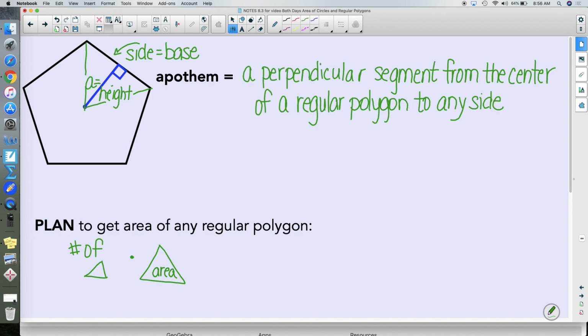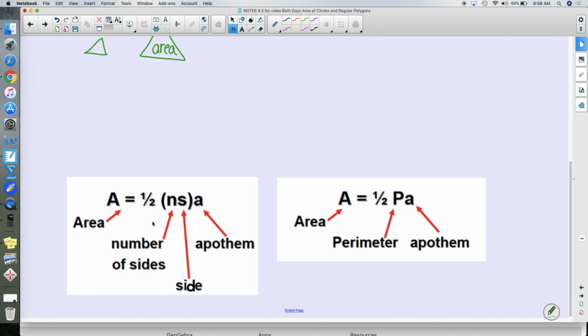So when I go to put all this together, there's 2 formulas to calculate area of a triangle, and we'll put them into your conjecture in a minute, so don't worry about getting these written down at the exact moment. But what we'd be saying is that for our triangle, our side length times apothem times half would calculate the area of the triangle. And n would be the number of triangles that we had.